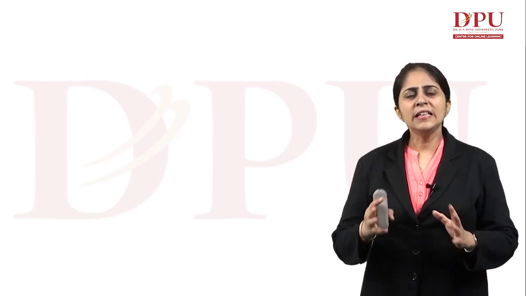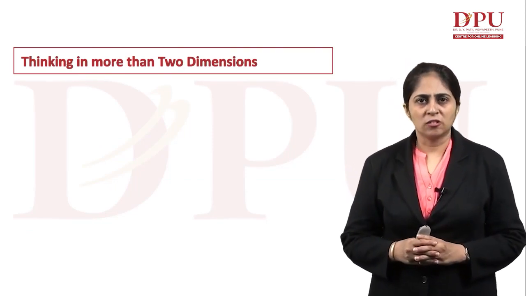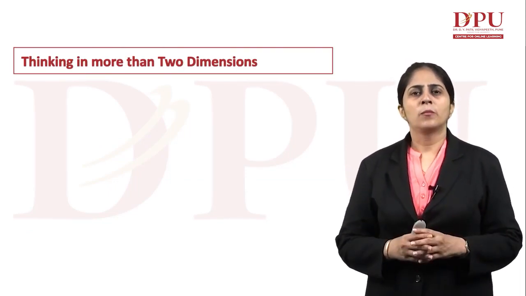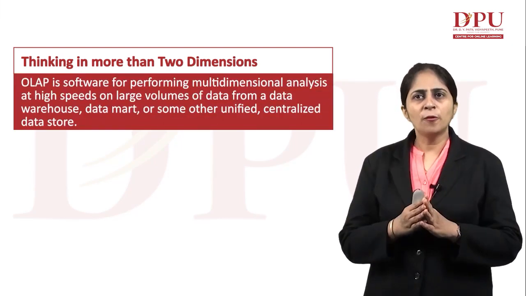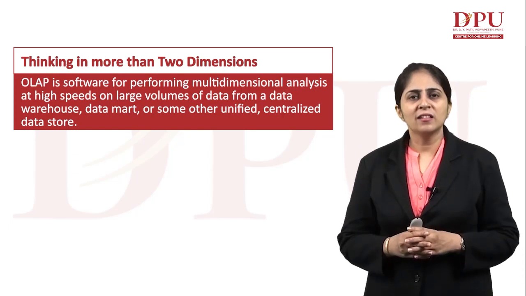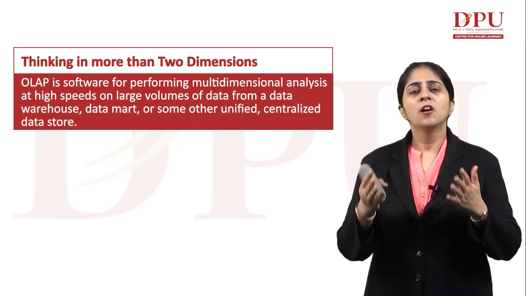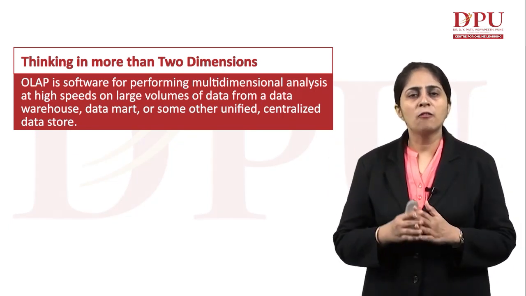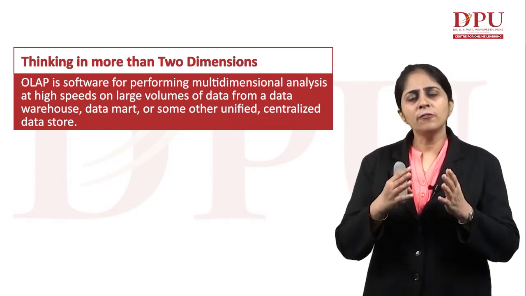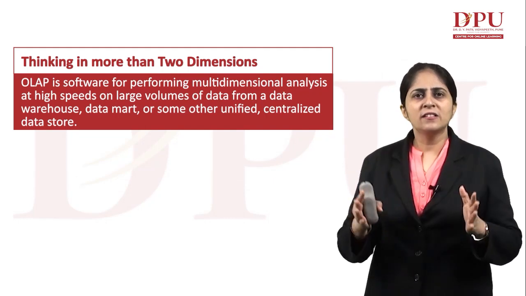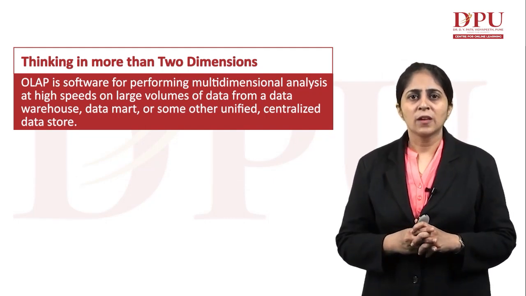Now, thinking in more than two dimensions. OLAP, Online Analytical Processing, is software for performing multi-dimensional analysis at high speed on a large volume of data from the data warehouse, from data marts, or from some other unified centralized data store.